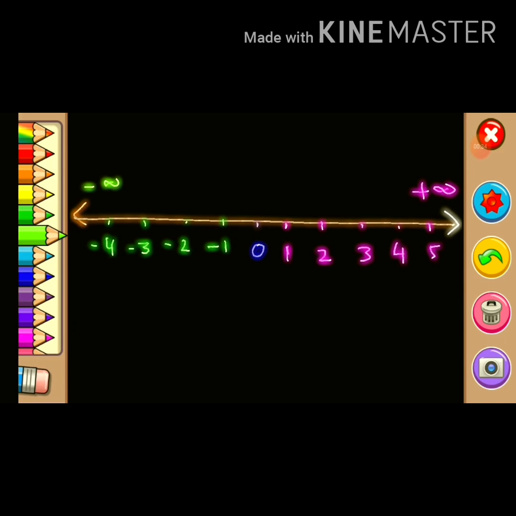Here's the number line. The numbers 1, 2, 3, 4, 5 till infinity are the set of natural numbers. If we include 0 also in this set, then the set becomes that of whole numbers.